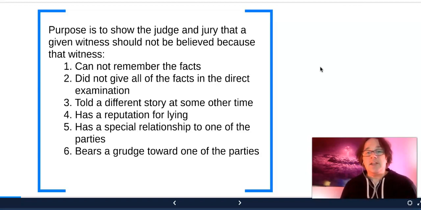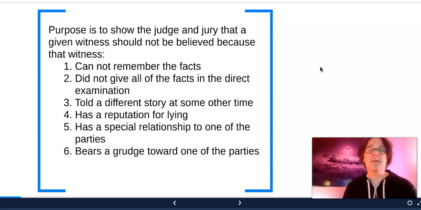Number five, they have a special relationship to one of the parties, so they maybe shouldn't be trusted because there's a conflict of interest that they may or may not have disclosed. It might be up to you to bring out that conflict of interest during cross-examination.